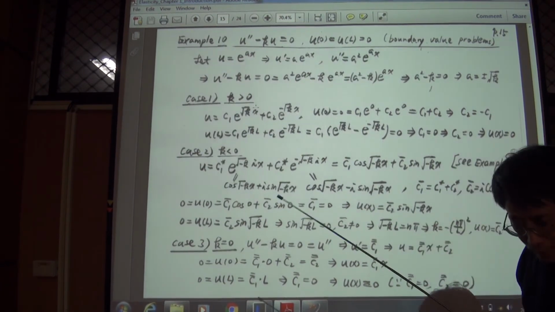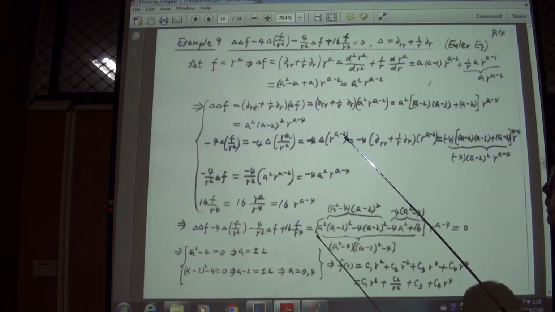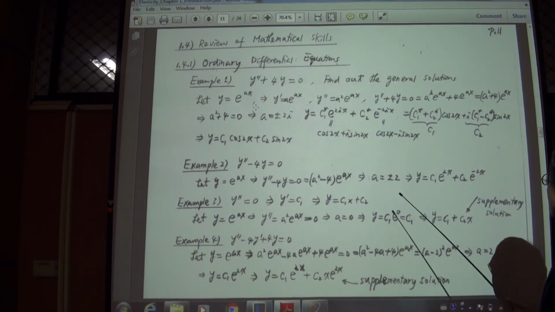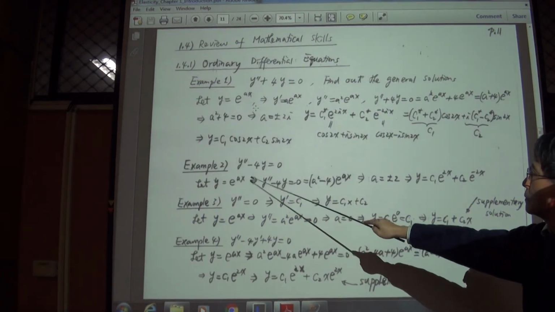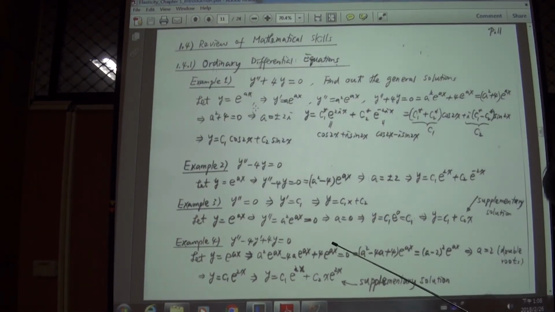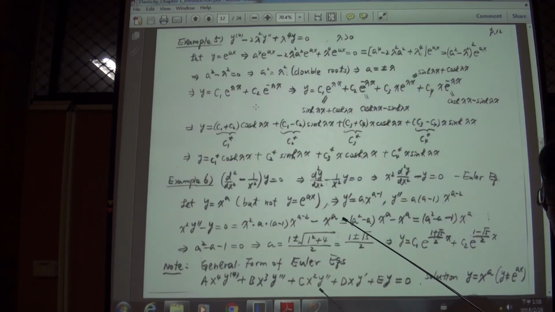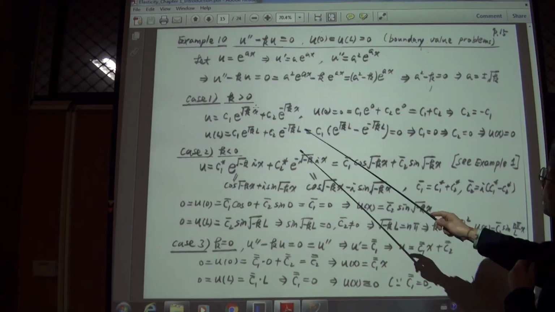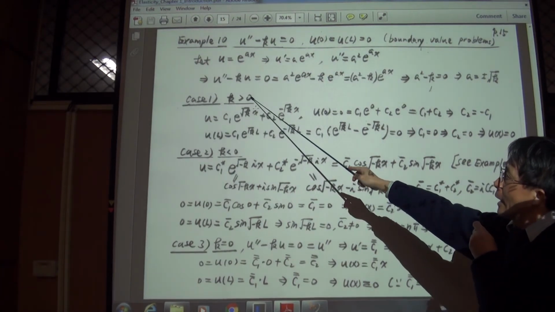Okay, this one is just like this one. Yes, here. This one is exponential. So case 1 is just like example 2.